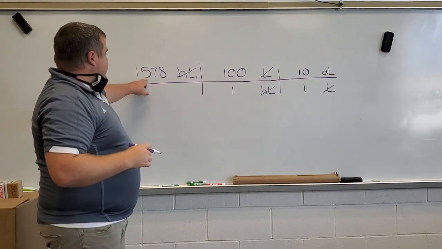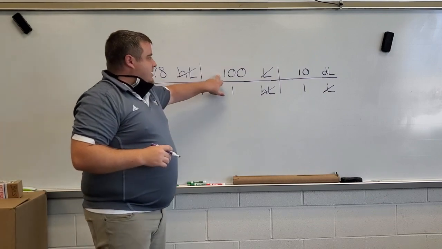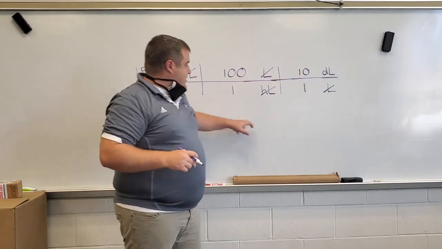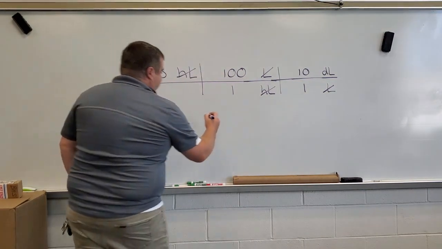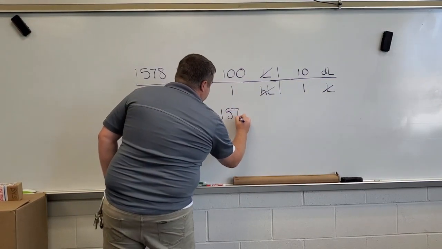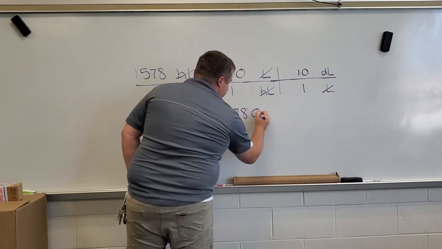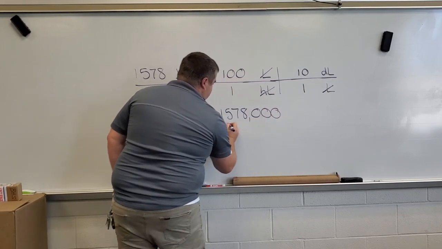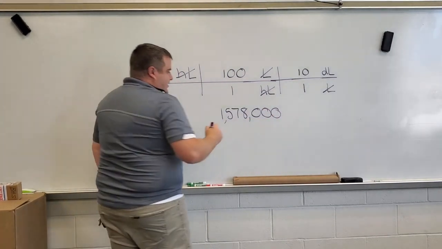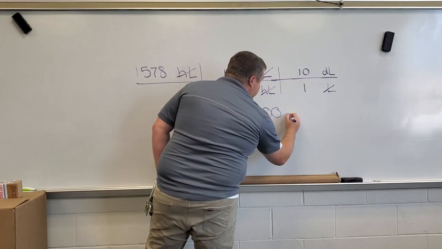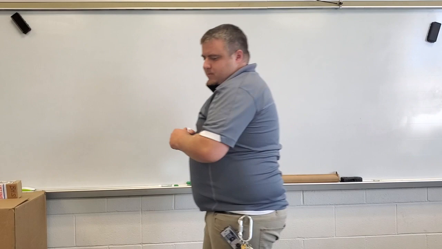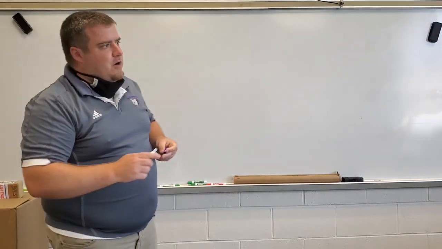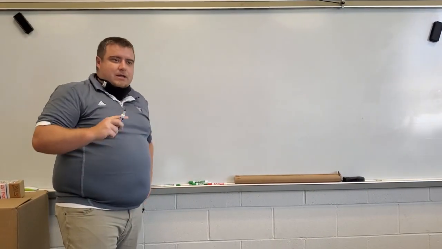I'm going to take 1,578 times 100 times 10, divided by 1, divided by 1. That's going to give me 1,578,000 deciliters.